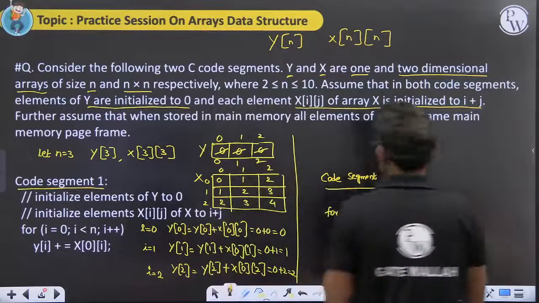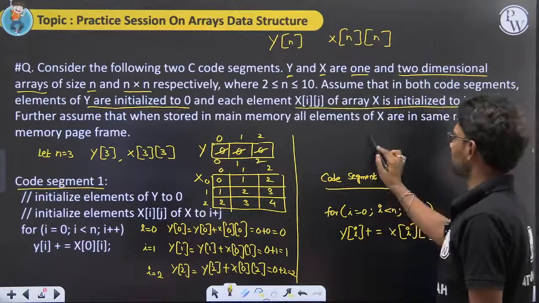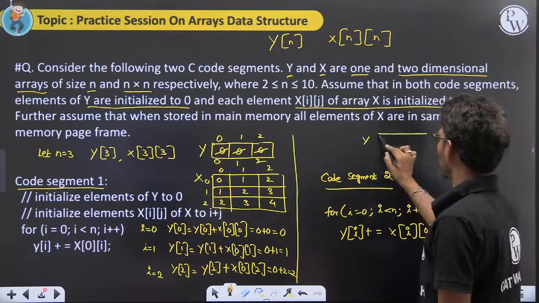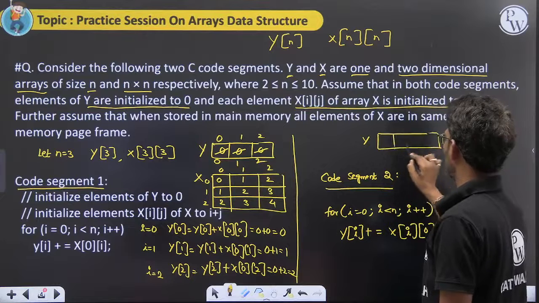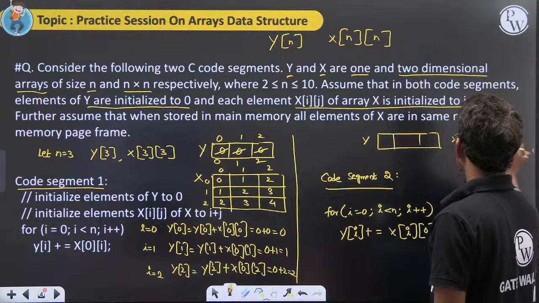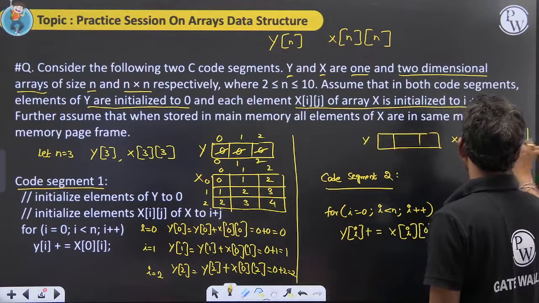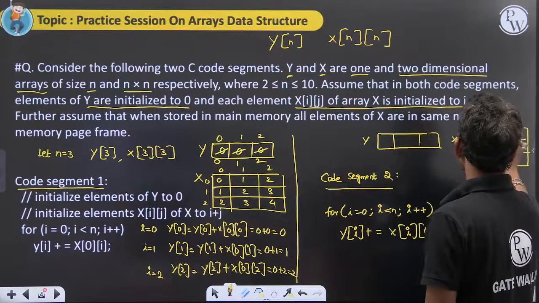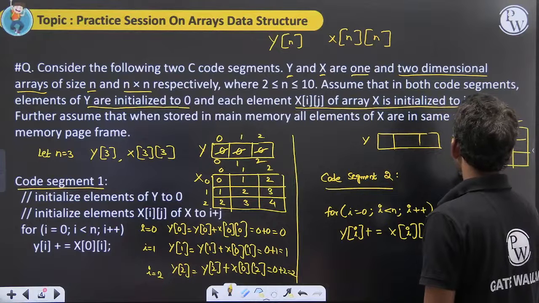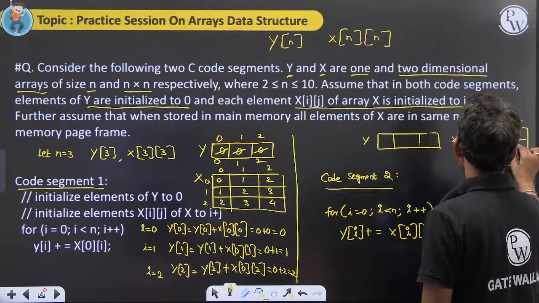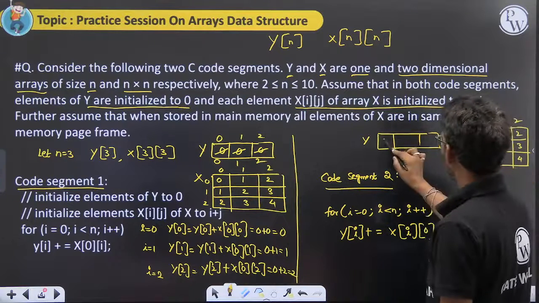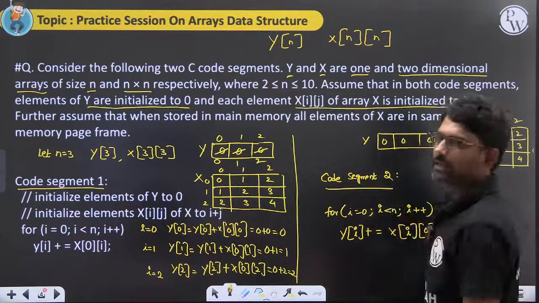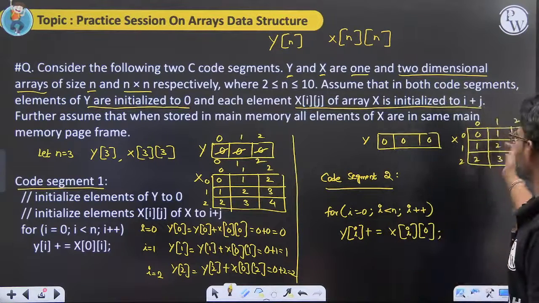Now, for code segment 2, again let us consider the same initial condition. Y array initialized to 0, X array initialized to I plus j.